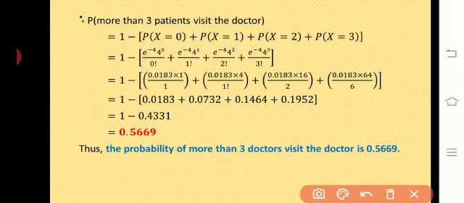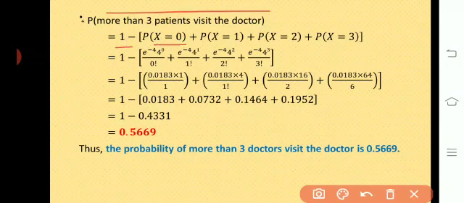Therefore, the probability that more than 3 patients visit the doctor is equal to 1 minus the sum of probability of x equal to 0, plus probability of x equal to 1, plus probability of x equal to 2, plus probability of x equal to 3.